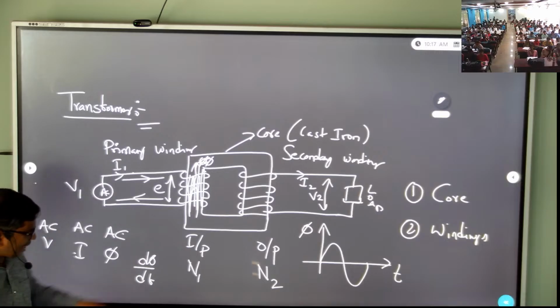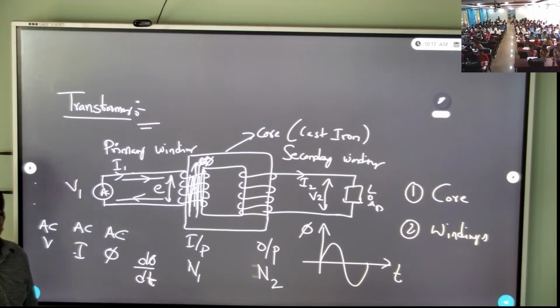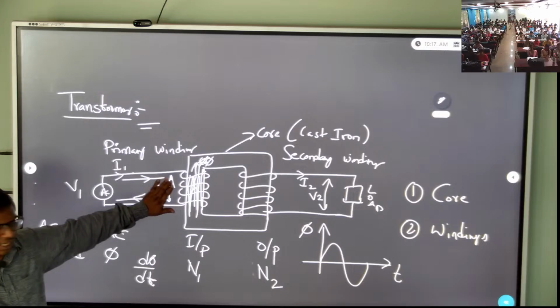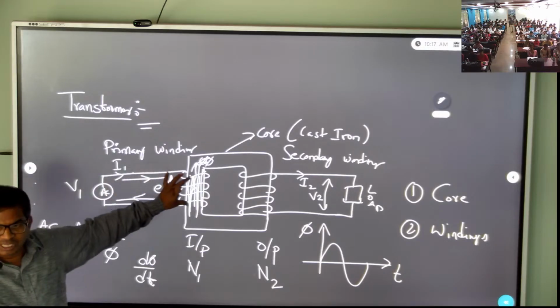So dφ/dt, not df, dφ/dt. This alternating flux is capable of inducing an EMF in the primary winding. Already voltage is available, and again an EMF is induced here.